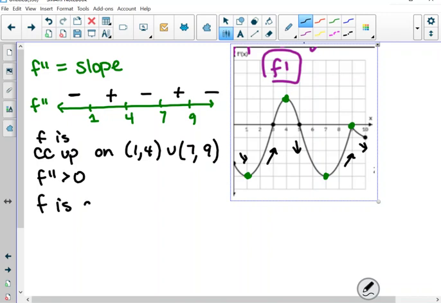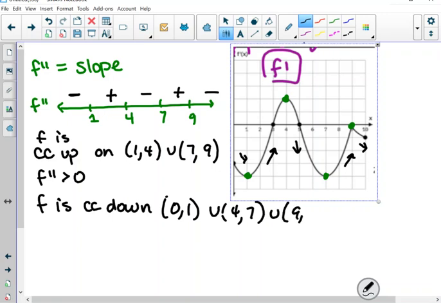F is concave down from 0 to 1, 4 to 7, and 9 to 10, where F double prime is negative.